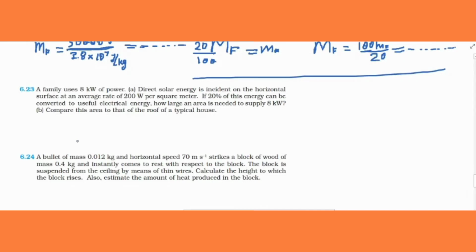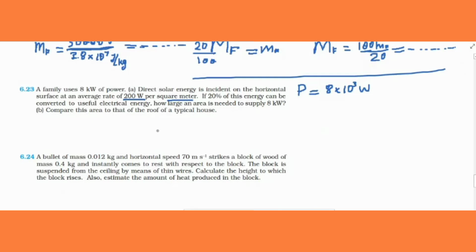Come to question 23. A family uses 8 kilowatt power. The total required power is 8 kilowatt, which means it is 8 into 10 power 3 watts. That much power is required. Direct solar energy is incident on a horizontal surface at an average rate of 200 watts per square meter. That means you are getting solar energy with 200 watts per square meter. And 20% of this energy can be converted into electrical energy.